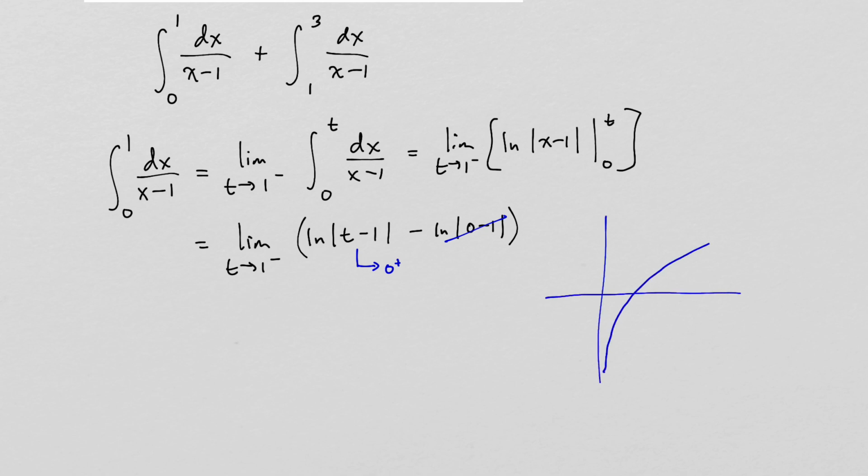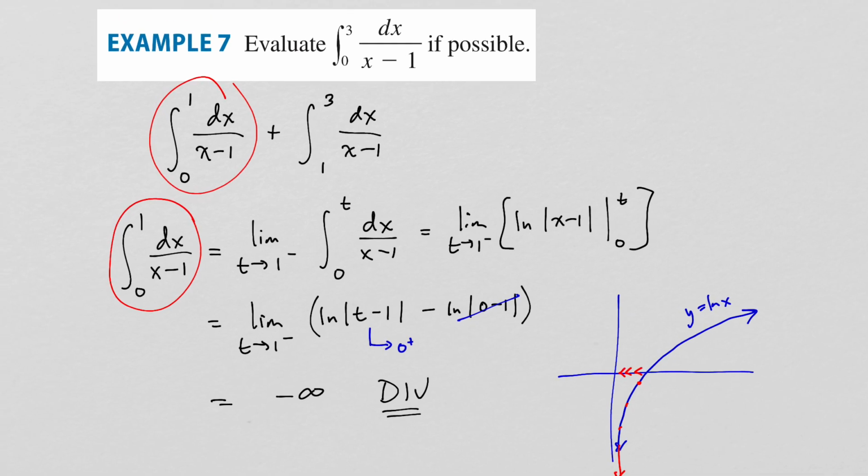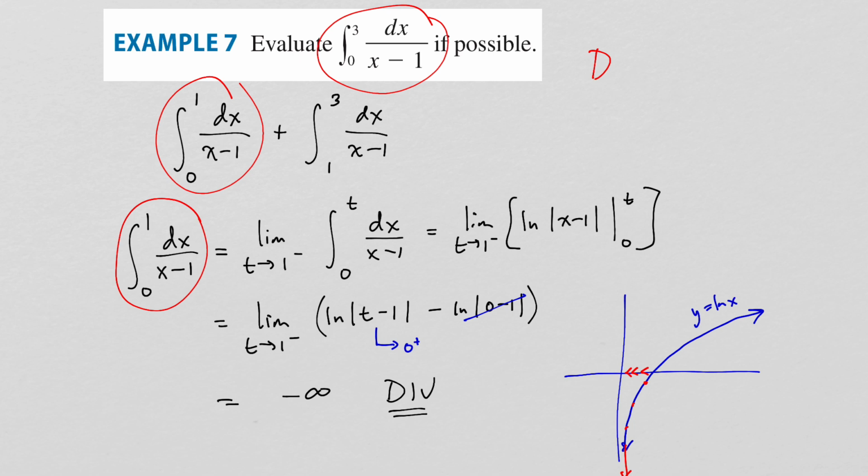We know that the natural log graph looks something like this. And if we are approaching 0, as we plug in smaller and smaller positive numbers, you can see that the graph of natural log is going to negative infinity. So this is going to go to negative infinity, which means this integral here is divergent. And if this integral is divergent, it means the whole thing is divergent.